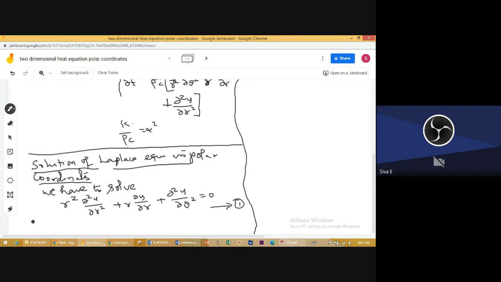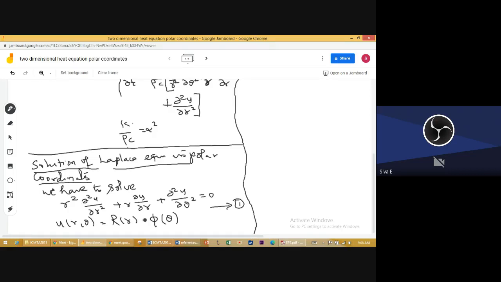By the variable separable method, u of r comma theta equal to R of r, and introduce one more symbol, phi of theta.